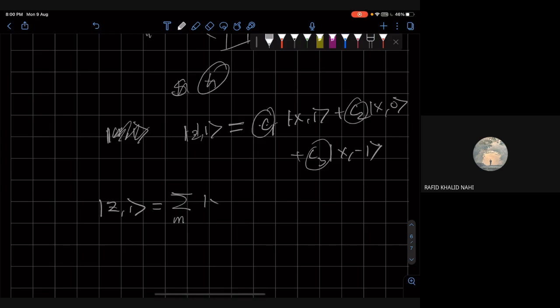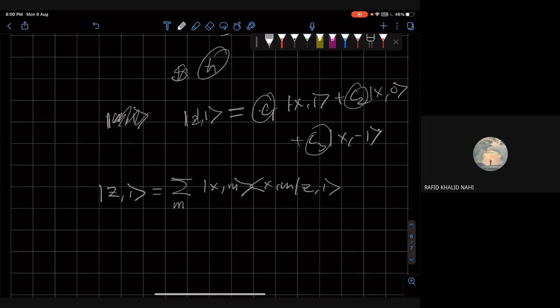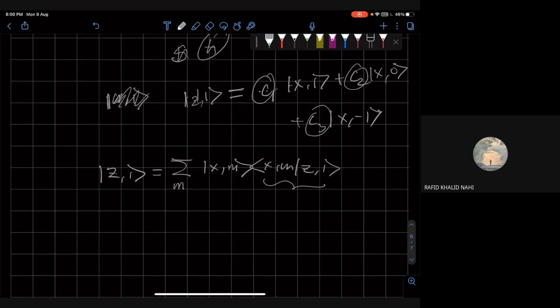So we should have XM, XM, we just insert, and so basically we have to figure this out, right? So this is basically what it is.